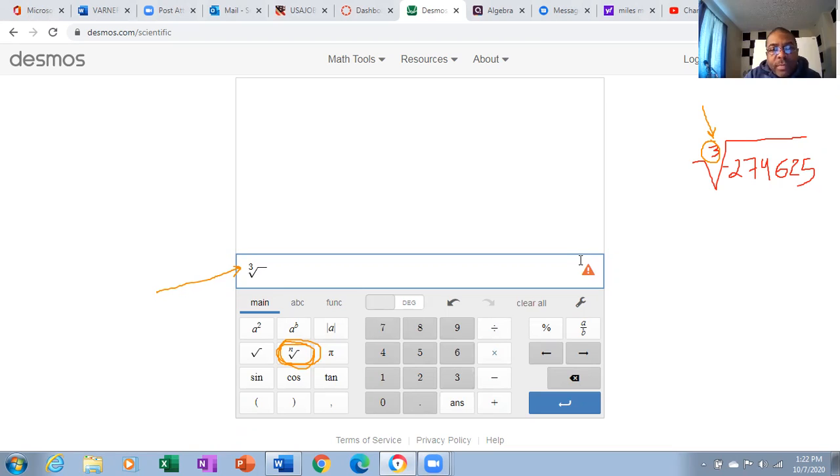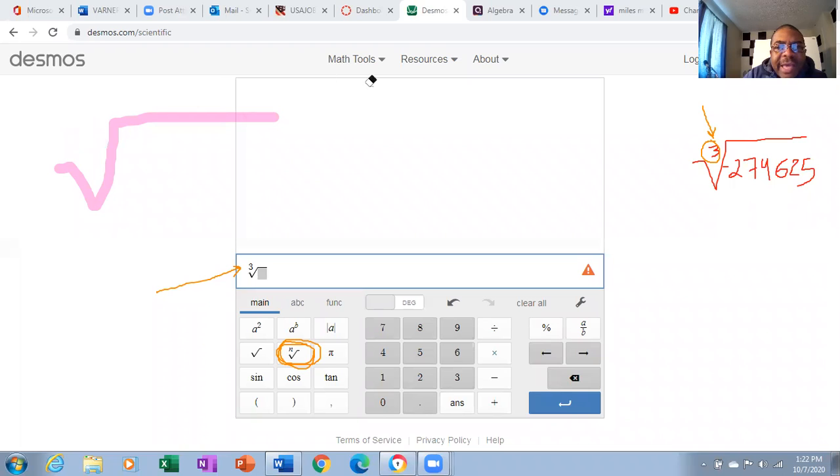Now I want to put in the number under the radical sign. So what's the radical sign? The radical sign is this. That's the radical sign. Remember, this is the index. All right. Your index can be a lot of different numbers. Your index could easily be 7. You can have an index of 7. We don't have a name for an index of 7.